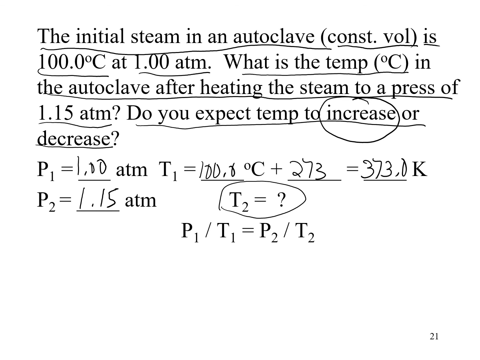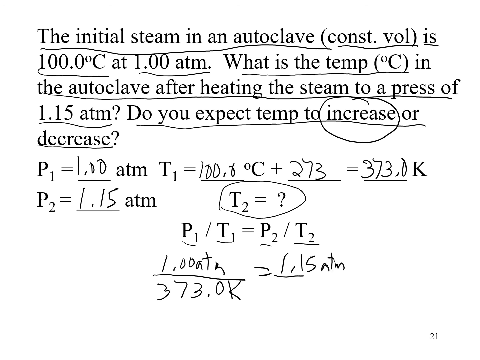So our formula for Gay-Lussac's is P1 divided by T1 is equal to P2 divided by T2. So let's plug in our information. P1 is 1 atmosphere divided by 373 K, and that is equal to P2, 1.15 atmosphere divided by T2, our unknown.